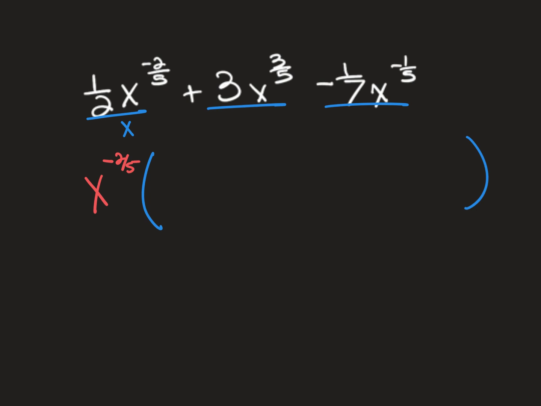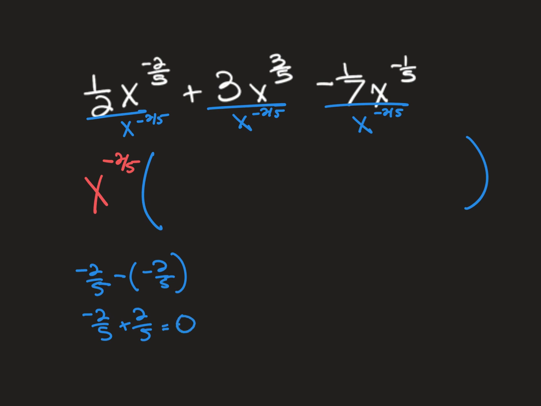If it's helpful to write it out so you can really see how it's the top exponent minus the bottom one. So for that first one, when I do negative 2/5 minus negative 2/5, they actually end up canceling to 0.